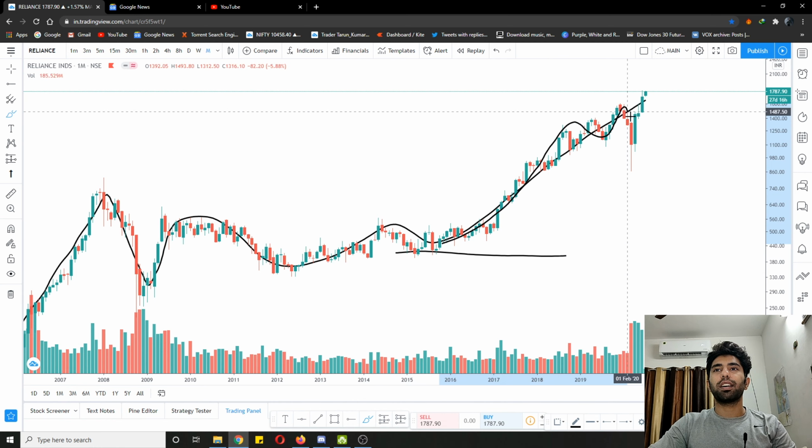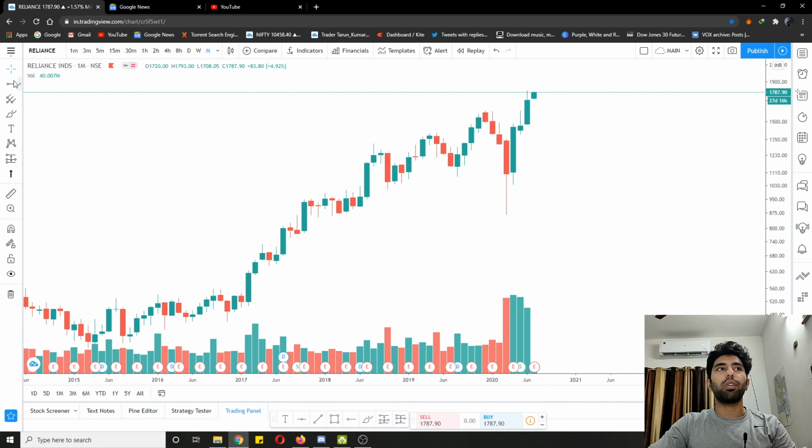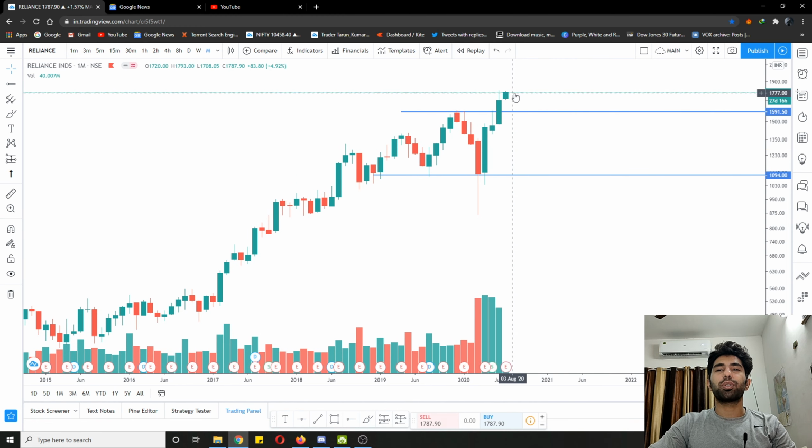Then we made these new lows, and as of now, as long as the Reliance share is above 1100 levels, this is a bullish uptrend. I mean, this is a bullish move and an uptrend, and now it breached the previous highs as well. As you can see, the previous highs were around 1600, and now it has gone up again.